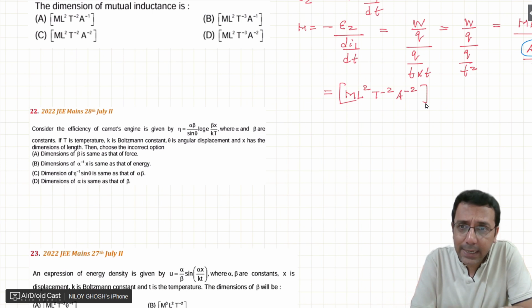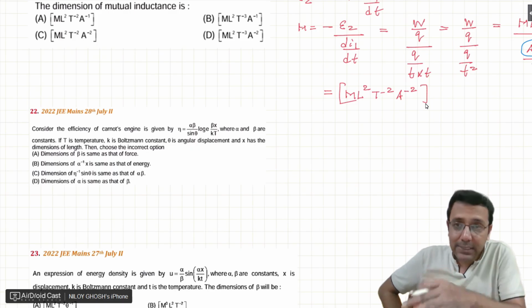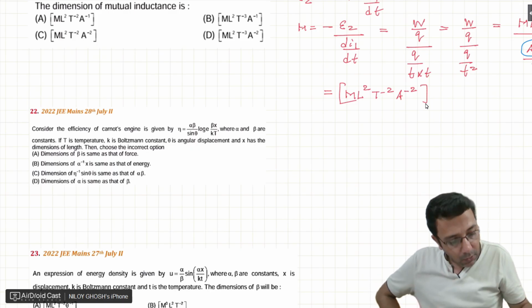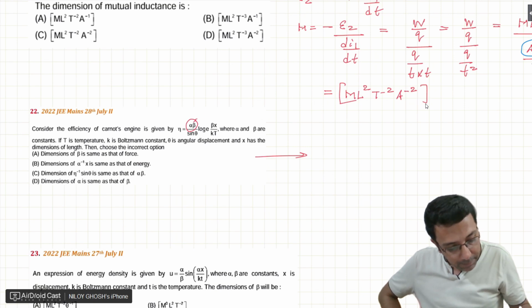Inside the terms are K, that is Boltzmann constant, theta is the angular displacement, T is the temperature, all these things are there. We have to find out which one is the incorrect option. Okay. So how to do that? Since efficiency is dimensionless, this term alpha beta is also dimensionless.